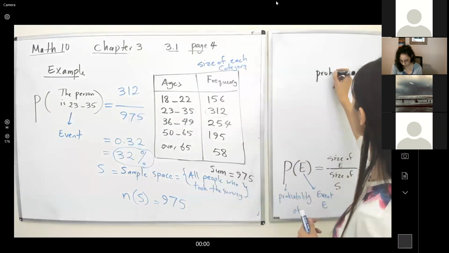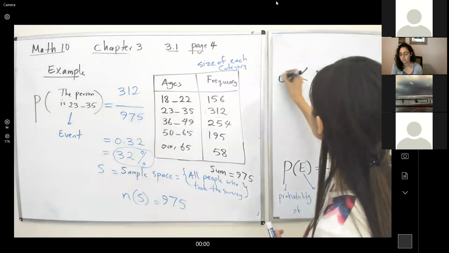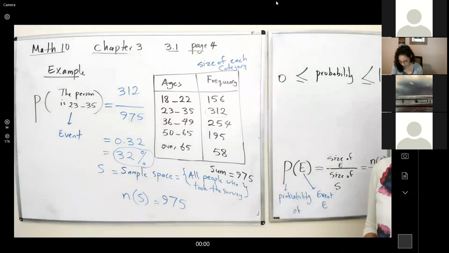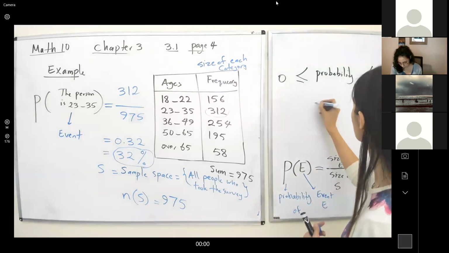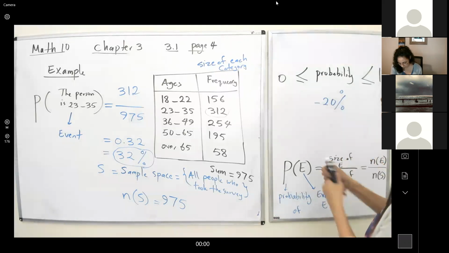Probability must be between 0 and 1. What's the meaning of that? It means that we do not have negative probability. If the probability is negative 12%, it's wrong. Negative 20% is wrong. So let me use a different color.